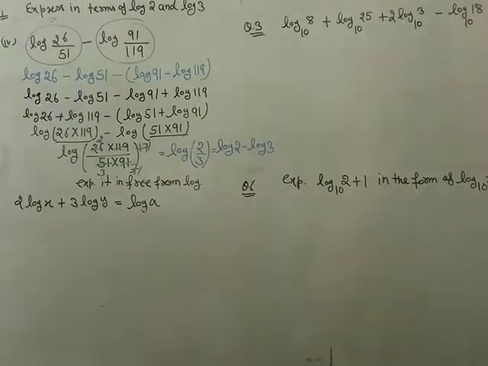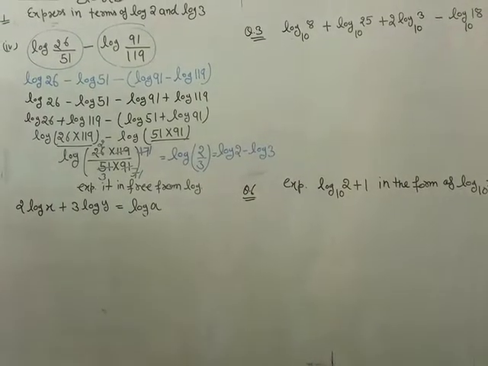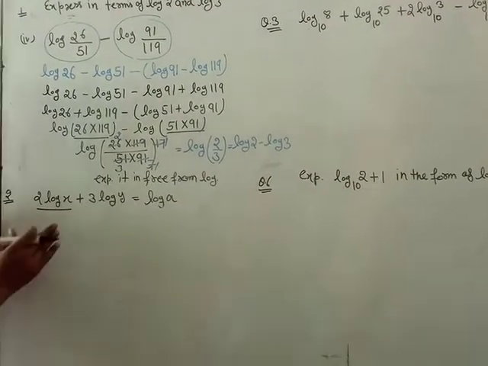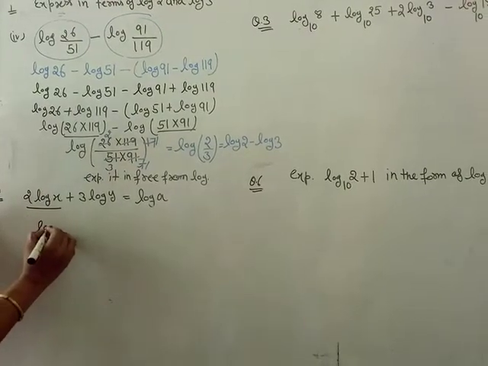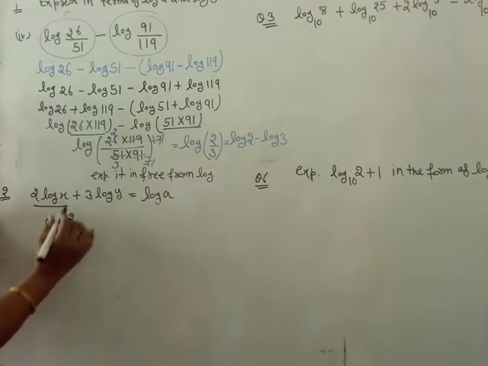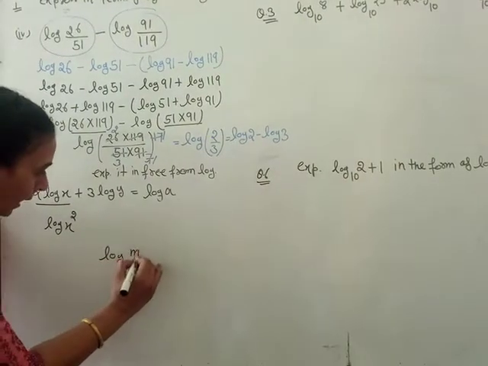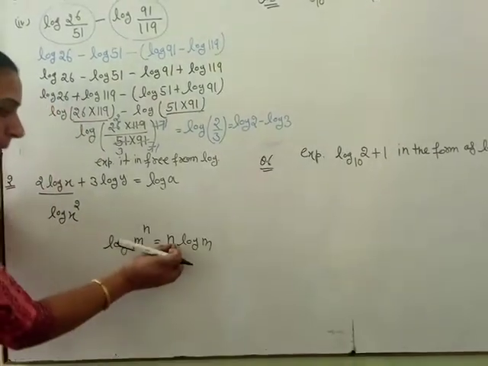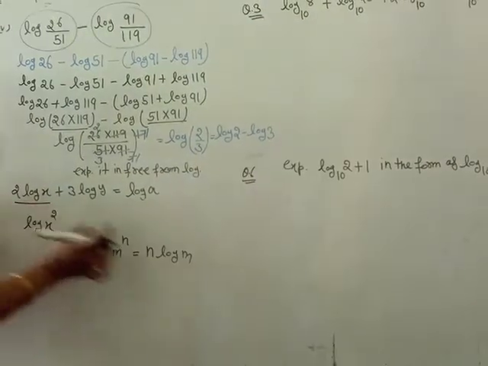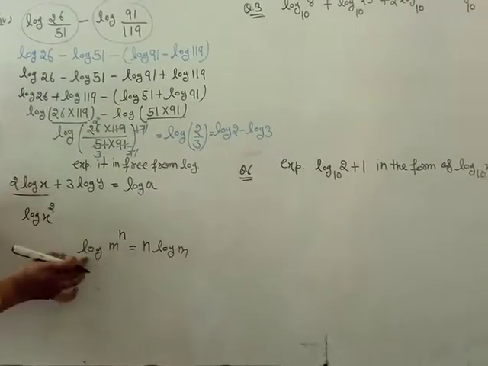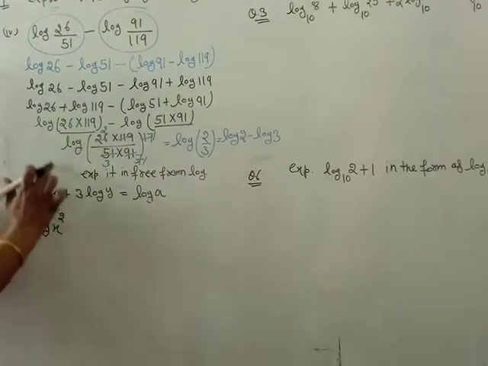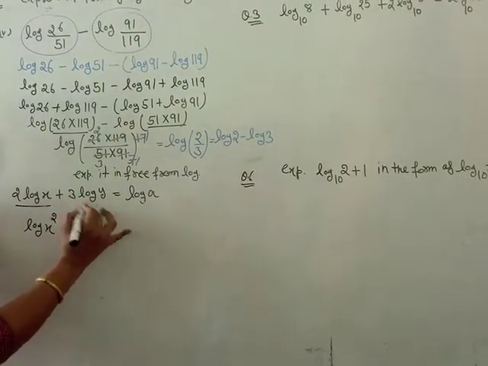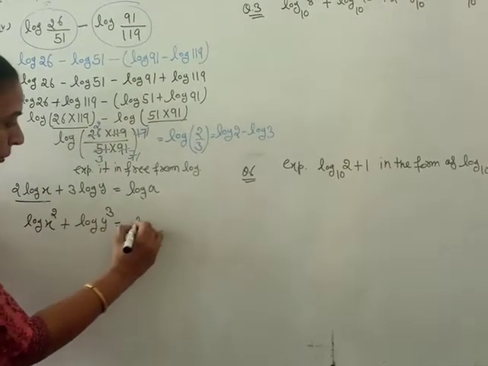So first we solve this according to our laws. Students, first we write this according to the power law. According to the power law, 2 log x equals log of x raised to the power 2. We know that log of m raised to the power n equals n log m, so the power goes in front. If it is in the same form, we write it in this form: log of x raised to the power 2 plus log of y raised to the power 3 equals log of a.